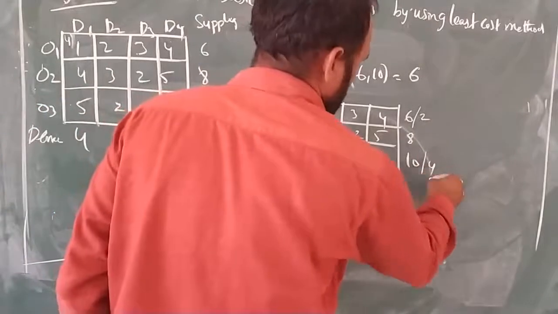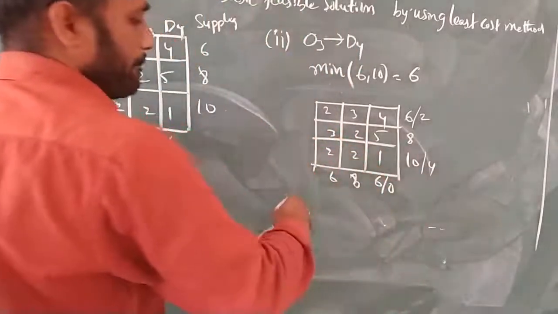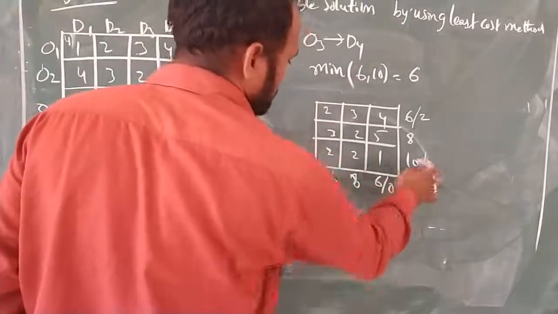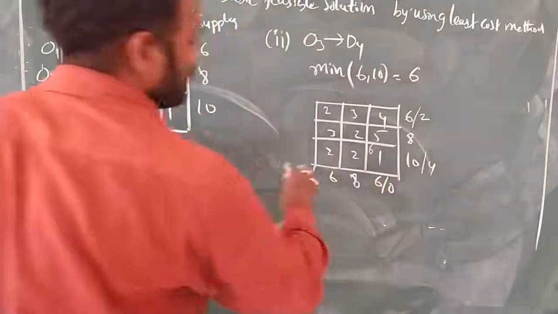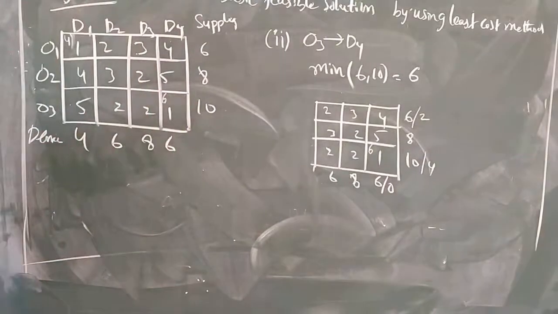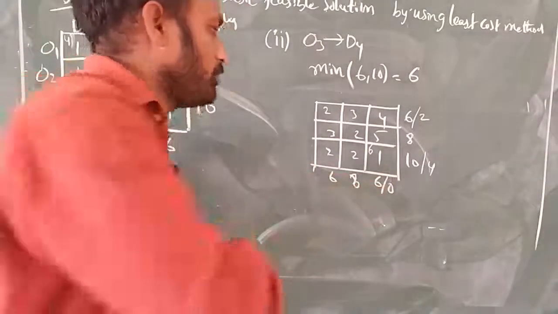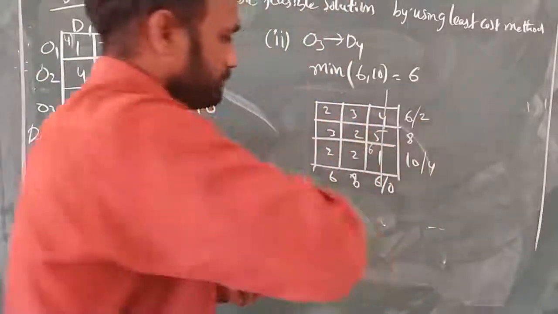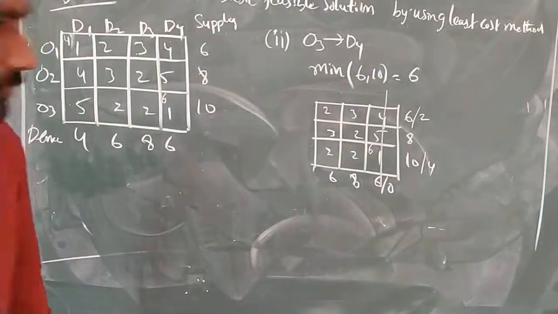So 10 minus 6 is 4, 6 minus 6 is 0. Since we are subtracting 6 here, we need to mention here 6. So the same I am mentioning in the question table. 6. So since we are getting here 0, we have to delete this column. So what is the final column we are going to get? Let us see.